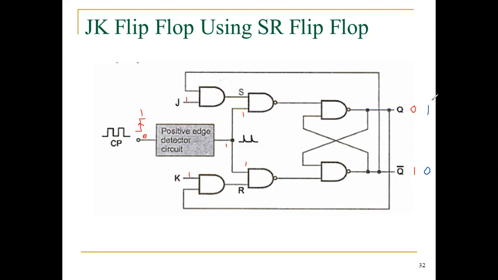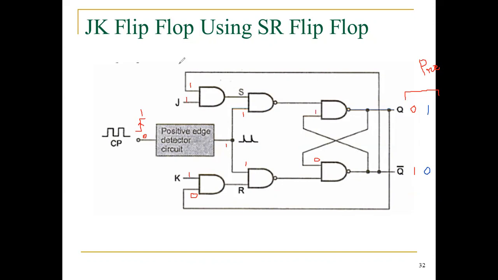Since it is 0 previous state, that means this is the previous state or an old one. Then since it is 0, this 0 comes to here, and then this 1 comes to here. Similarly, this 0 comes to here, and this 1 comes to here.